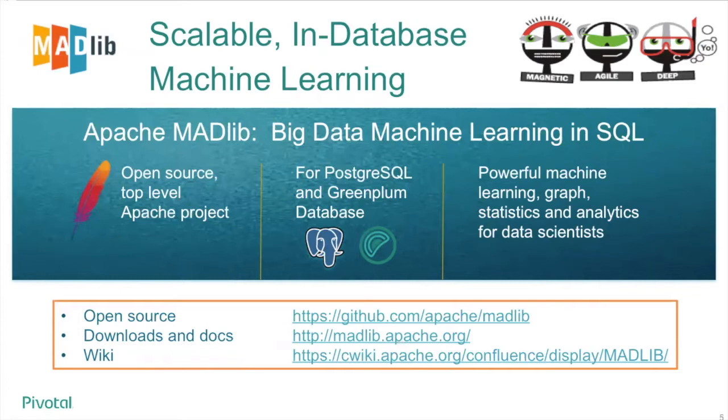And the idea of bringing machine learning to the database is that you don't need to move data out of the database, run it in a separate execution engine, and move the results back. And really the main advantage of MADlib on Greenplum is machine learning on large data sets. So this means a focus on scalability and performance.